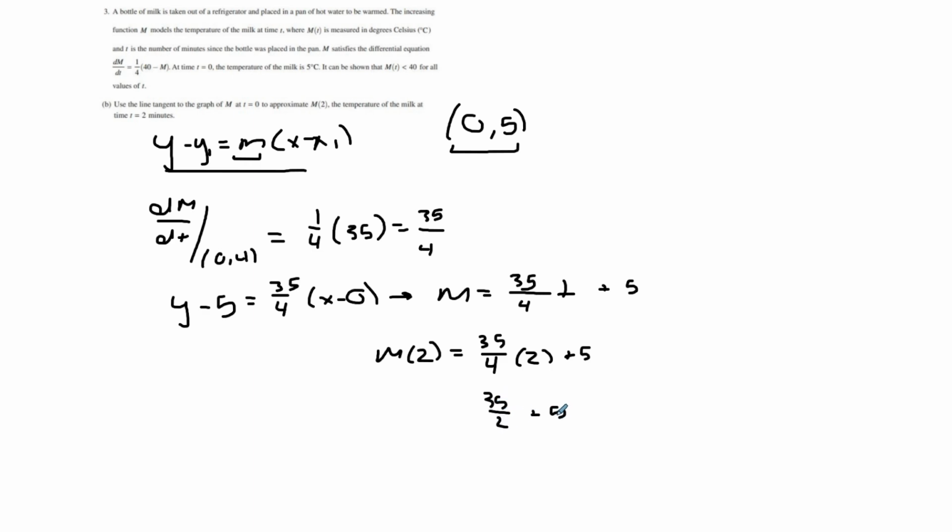And so that's going to equal 22.5. Yeah, I think it's 22.5, right? And does it tell us to approximate the temperature? Yeah, so just say degrees Celsius. Make sure if it tells you to actually approximate something, you put the actual value and the actual unit.